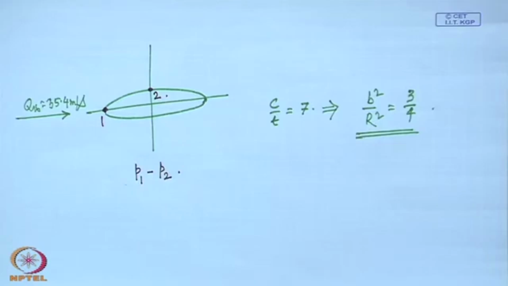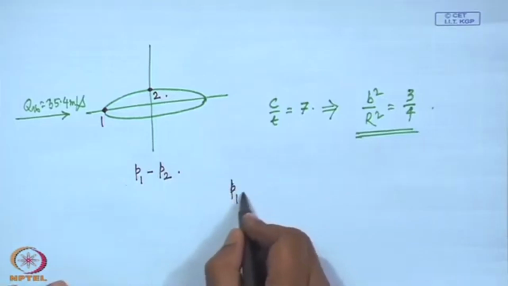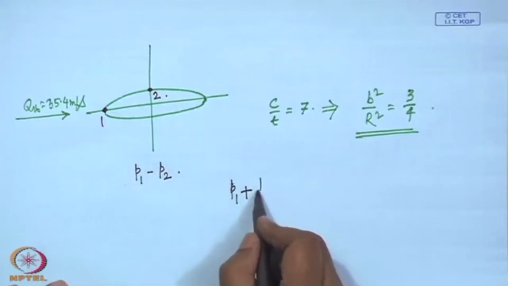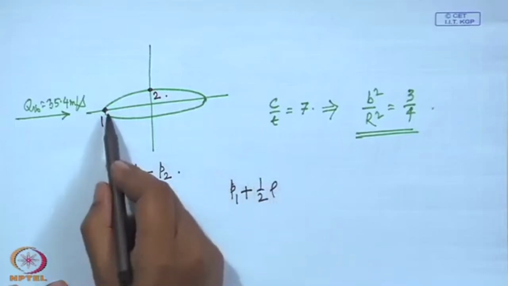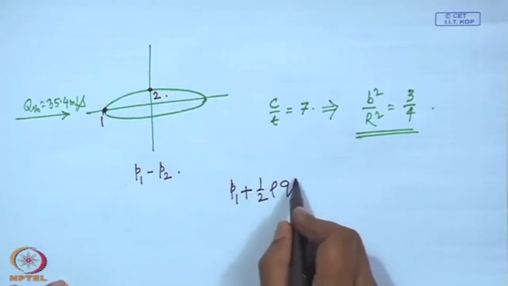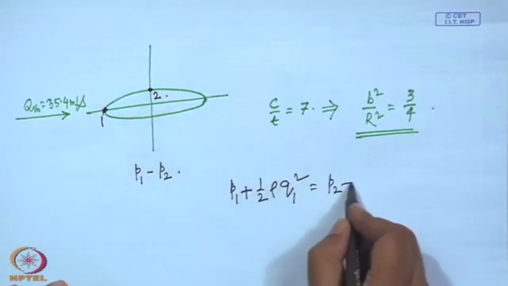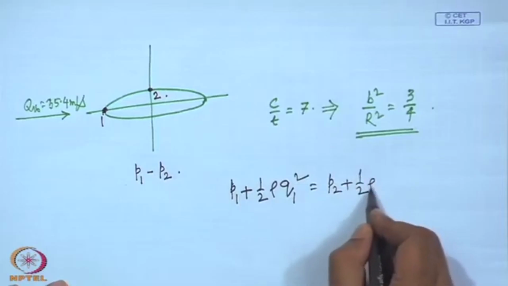Bernoulli's equation applies everywhere in the simplest form, or what we have is P 1 plus half rho, if the velocity here is q 1, and here it is P 2 plus half rho q 2 square.